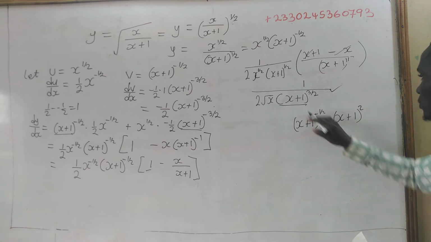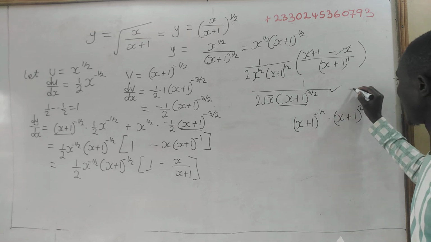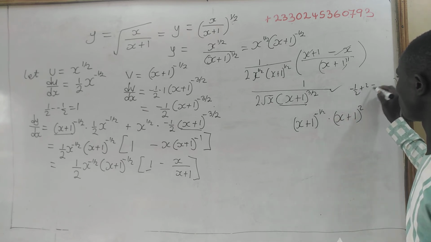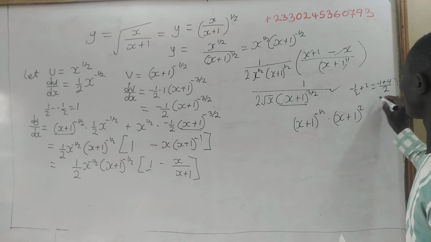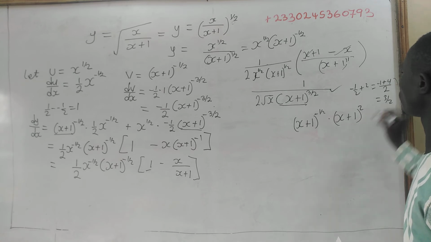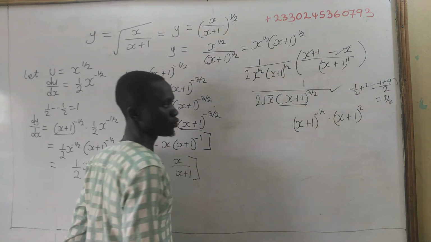You see that you can split this one to become this. Let's see. If you add negative 1 on 2 plus 2, it will be negative 1 plus 4 on 2. And that will give us positive 3 on 2. So if you split this one this way, what will happen?